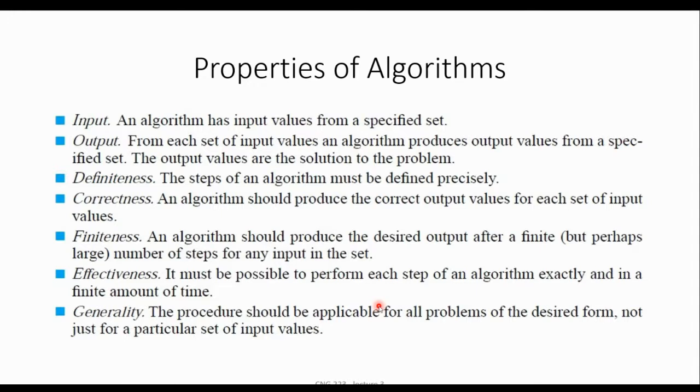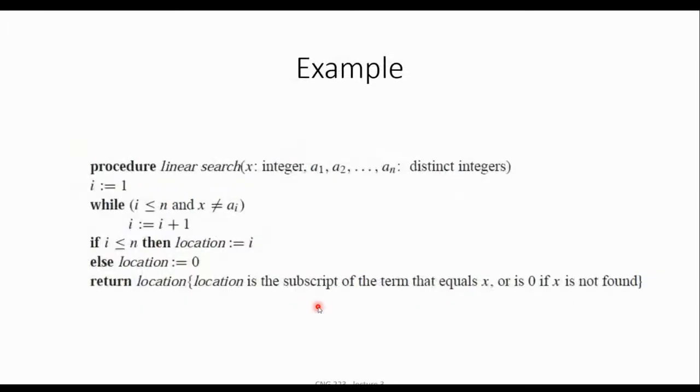That's why defining a domain is important for defining our algorithm. Otherwise, if you cannot have this generality property in your algorithm, it won't work perfectly. So defining the domain is very important.